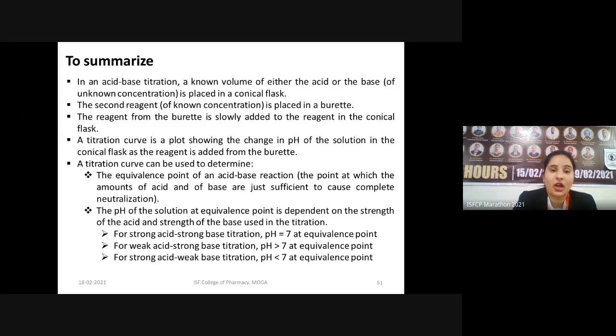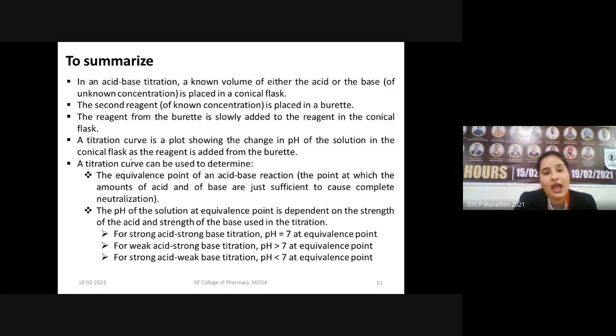After the addition of indicator into the conical flask, the reagent from the burette is added slowly to the reagent in the conical flask, and the curve of the volume of titrant added versus the pH of the solution is plotted. This curve is known as the titration curve, showing the change in the pH of the solution in the conical flask.